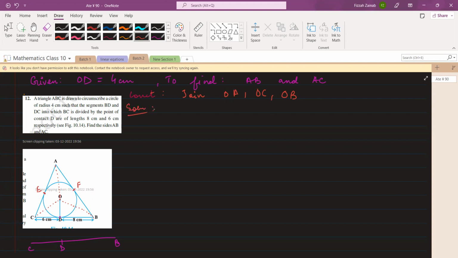Solution: we use the theorem that the length of the tangents from an external point are equal.